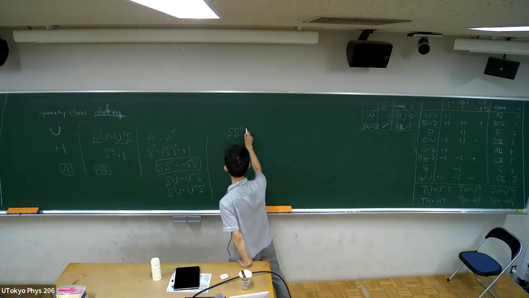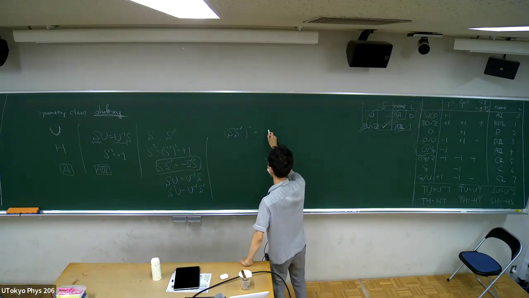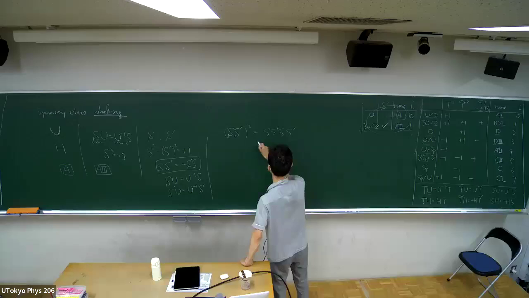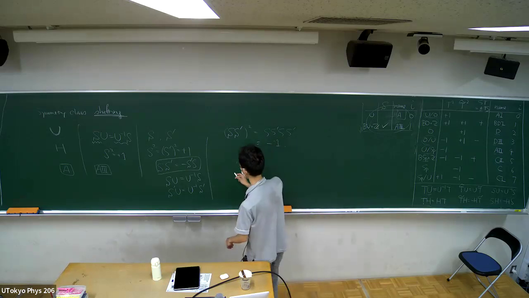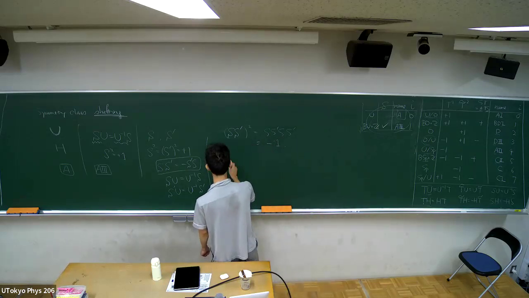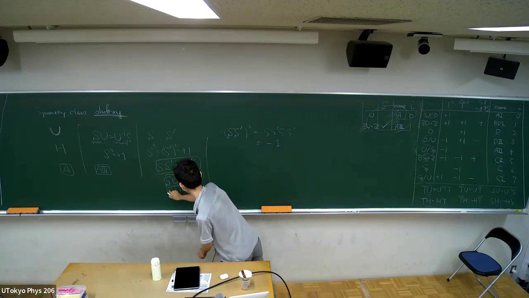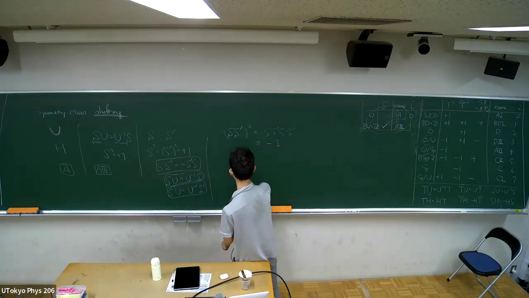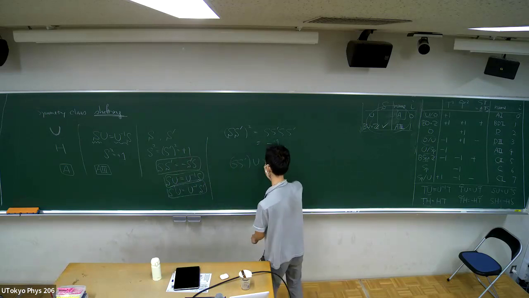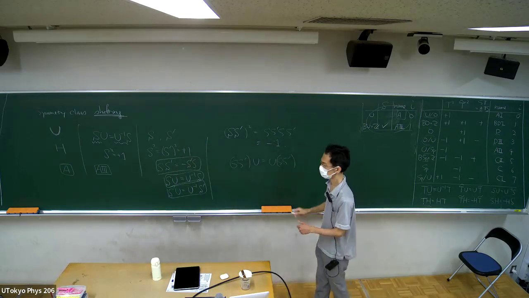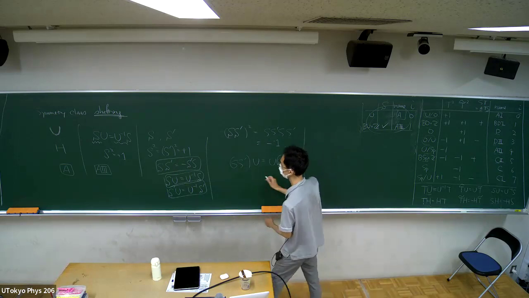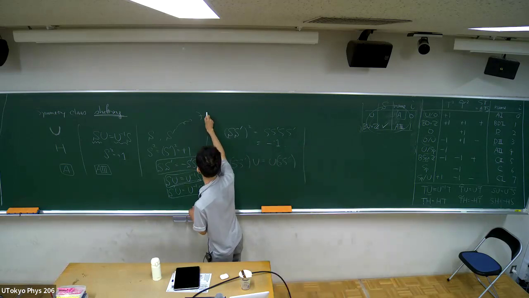SS prime squared is SS prime SS prime, and you anti-commute once, and this is minus 1. And because of these two relations, you can easily see that SS prime commutes with U.